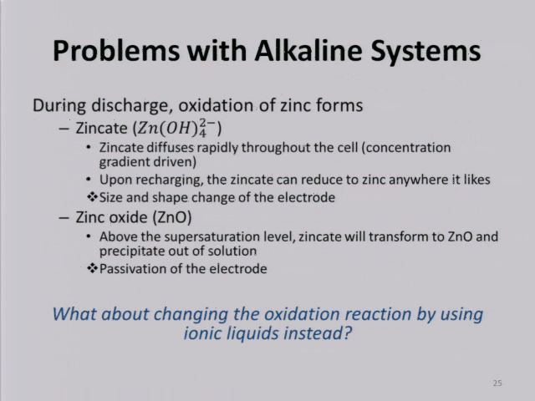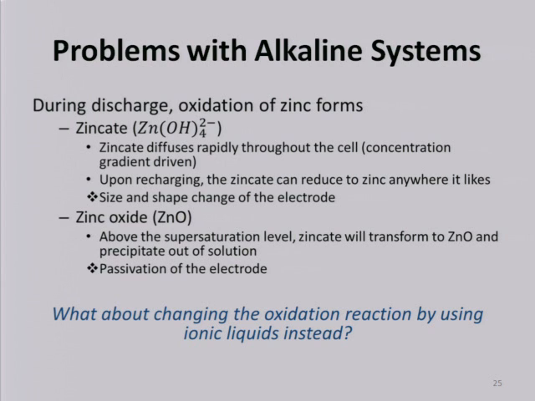So to elaborate on this problem with the alkaline systems, the alkaline aqueous electrolytes: during discharge, the oxidation of the zinc forms zincate ions, and these diffuse throughout the battery. So when you come to recharge, they'll come down just about anywhere they want to, anywhere there's electrical contact at least.